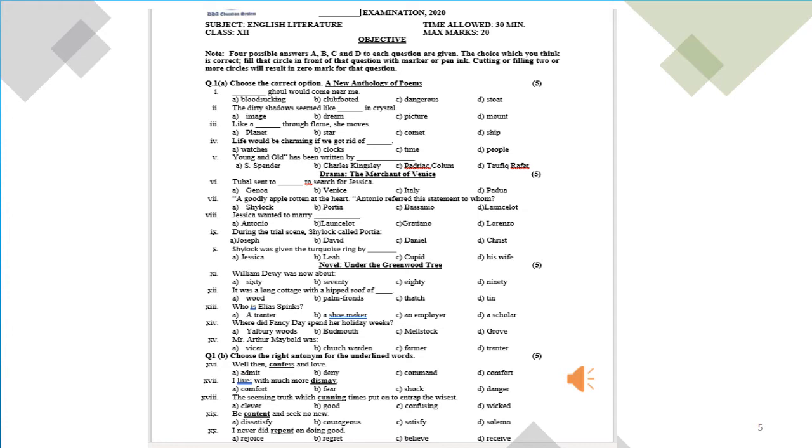The distribution of these marks is something like: question 1 part A contains 5 MCQs from the book A New Anthology of the Poems, 5 from drama The Merchant of Venice, which is written by Shakespeare, next 5 from the novel Under the Greenwood Tree, written by Thomas Hardy, and question 1 part B carries 5 marks for antonyms. In that way, question 1 carries total 20 marks.